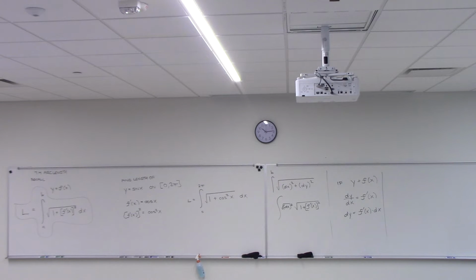Unfortunately, we don't have anything to do that. So right now, if I ask the computer to give me the antiderivative of the square root of 1 plus the cosine of x function squared with respect to x, that's the integral, right? Just finding the antiderivative.